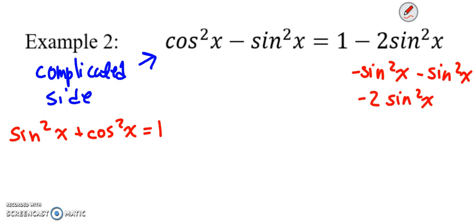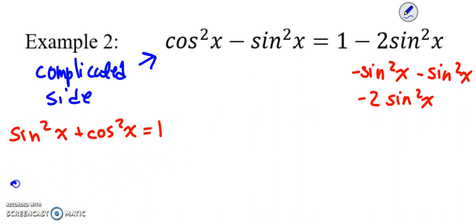So I'm thinking, if I have to have two negative sine squared x's, I need to do something over here to get rid of the cosine so that we have another sine squared x there. So the only way to do that is if we manipulate the trig identity.